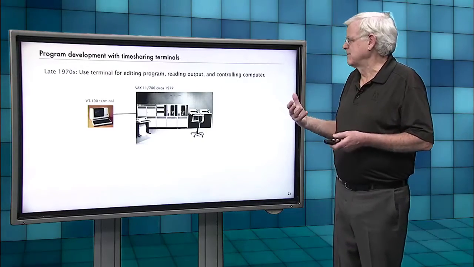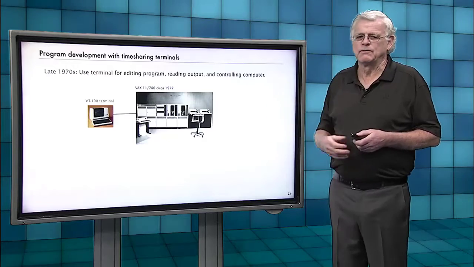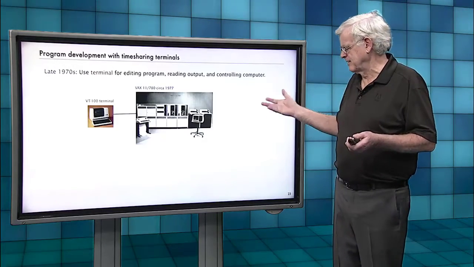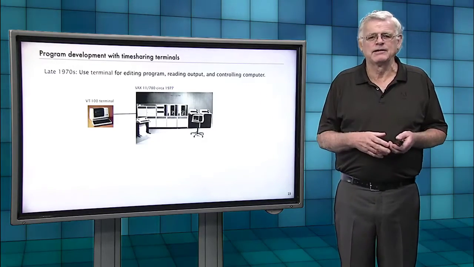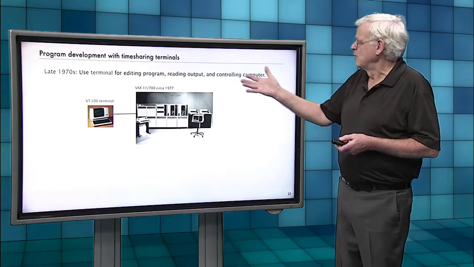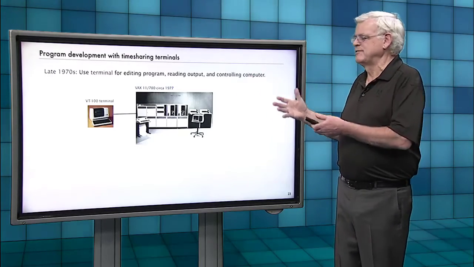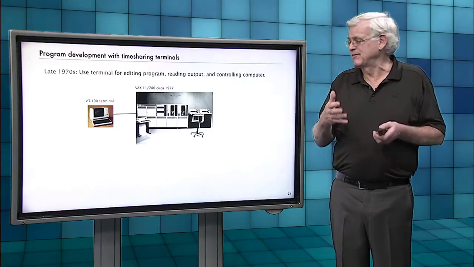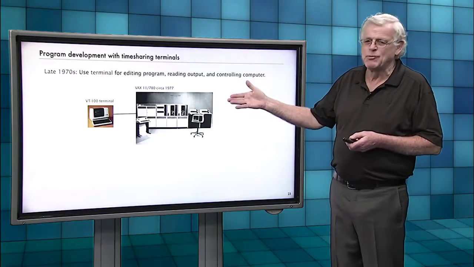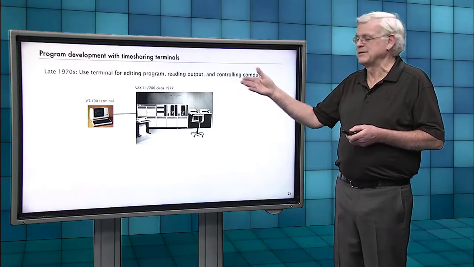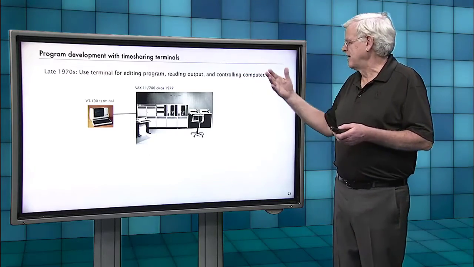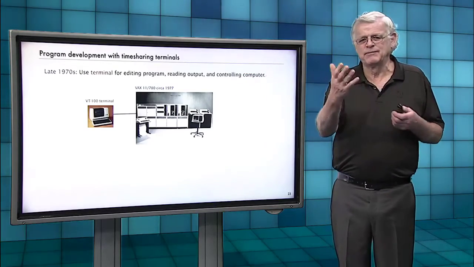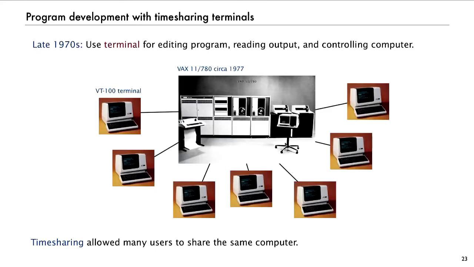Before very long, what we wound up using, say in the late 70s and 80s, even a little bit into the 90s, was terminals that connected to a big computer. So you didn't have to go to the computer center. You had your own keyboard for input and your own display for output. If you wanted to print, you had to maybe fool around a little bit. But many users could share the same computer.